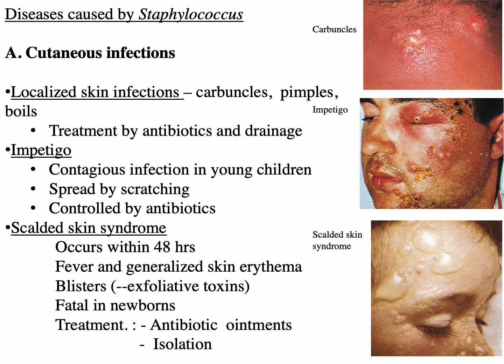There's a picture there, and this usually comes with fever and skin redness. It's fatal in newborns, and it is easily controllable by antibiotic ointment. To prevent the spread, they can put the infected child or newborn in isolation, so it cannot spread to other kids around.